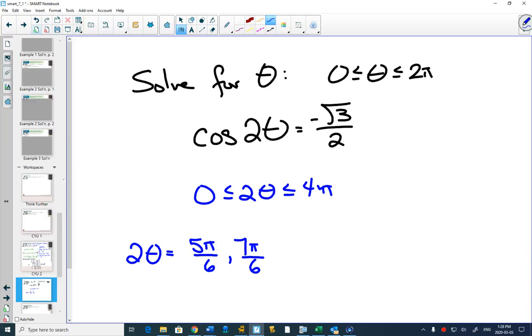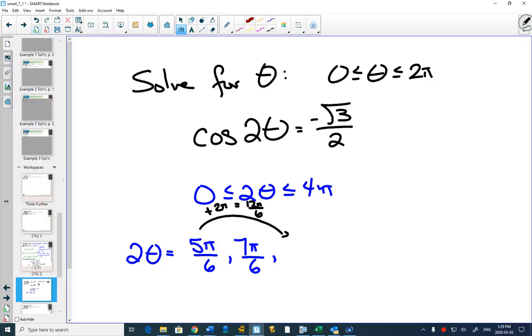If I went all the way around once and then got to 5 pi over 6 again, what number would that be? Well, I'd have to add 2 pi, correct? If I'm at 5 pi over 6 right here and add 2 pi, I'm going to be coterminal with it again. And 2 pi is the same as 12 pi over 6. If I'm going to add, I'm going to need a common denominator.